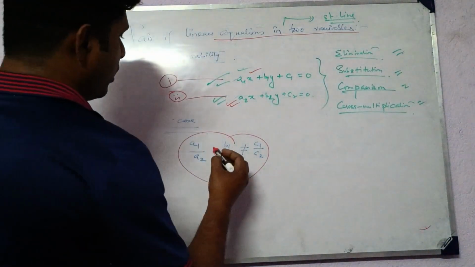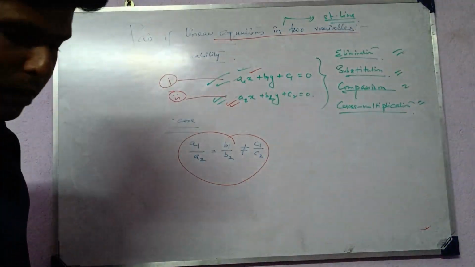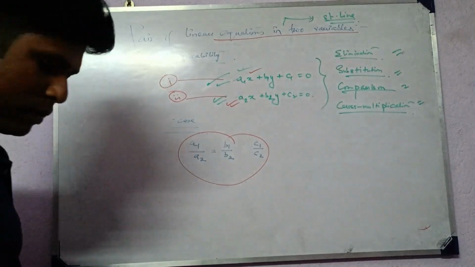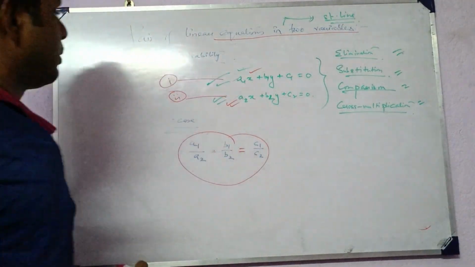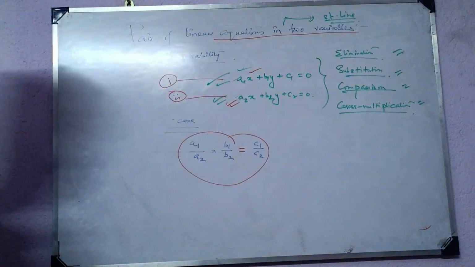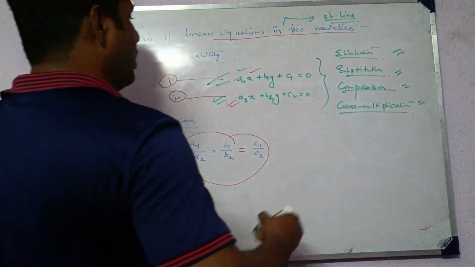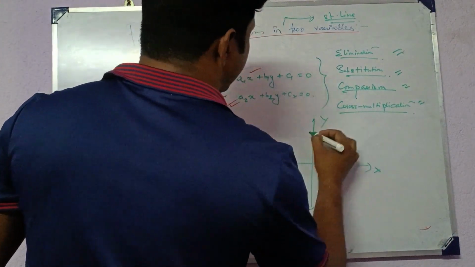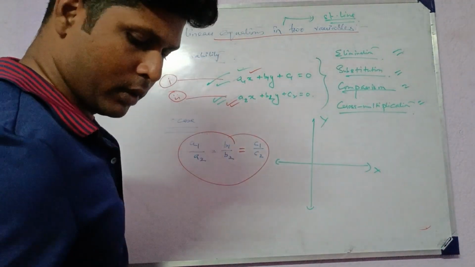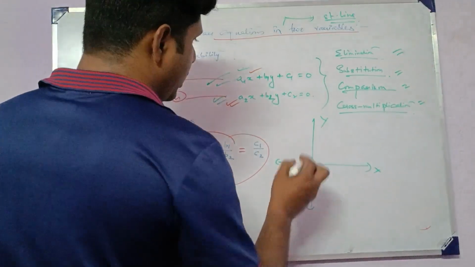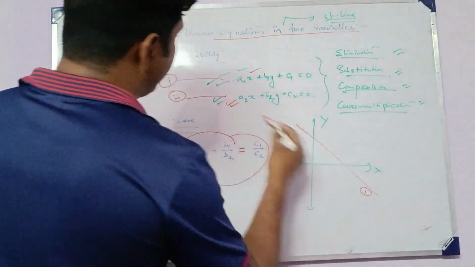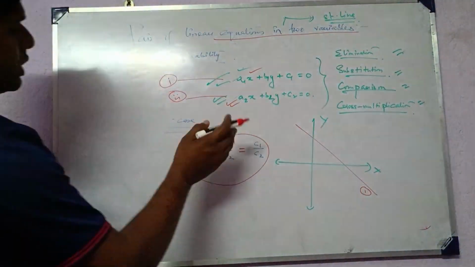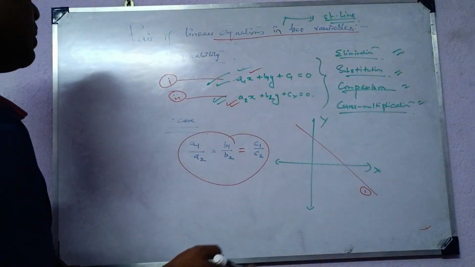In second case we have a1 by a2 equals to b1 by b2 equals to c1 by c2, তিনটেই ইকুয়াল। তিনটে ইকুয়াল হলে যেটা হয় যে সাপোজ এটা ছিল লাইন 1, এই তিনটে ইকুয়াল তো এই কেসটা অ্যারাইজ করেছে a1 by a2 equals to b1 by b2 equals to c1 by c2.